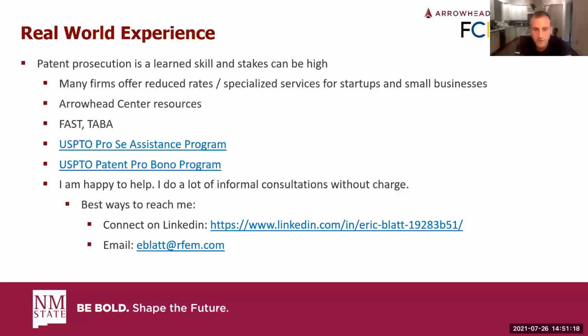If you're submitting an SBIR proposal and you get funding, sometimes you can get TABA, which is money used for commercialization resources. Those can be used for patent development. USPTO has resources. They have a pro se assistance program and a patent pro bono program. And if you have questions and you'd like to talk to me, I'm always happy to talk to folks. I do a lot of consultations for free, and I'm happy to take a look and see if I can help.